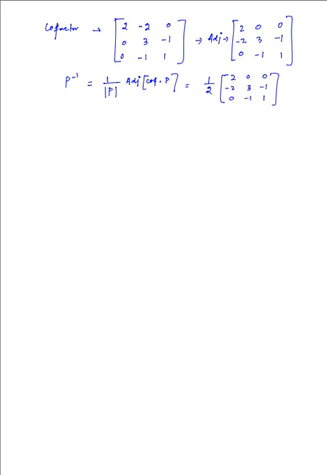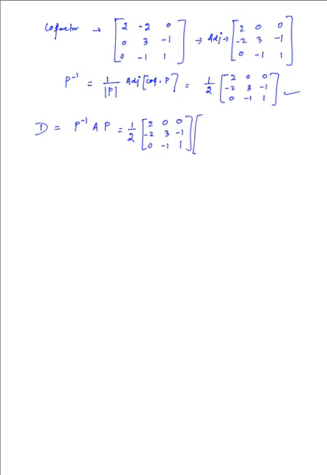Now the diagonal matrix is equal to P inverse A P. So P inverse, as we have obtained it over here, we are putting the value 1 over 2, 2 0 0, -2, 3, -1, 0, -1, 1.